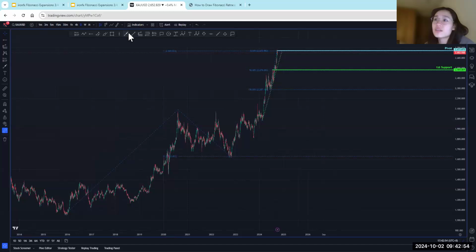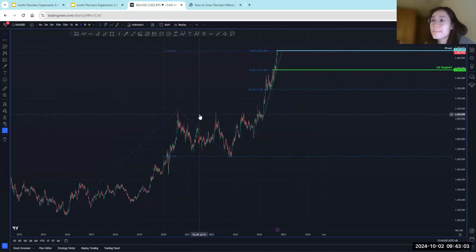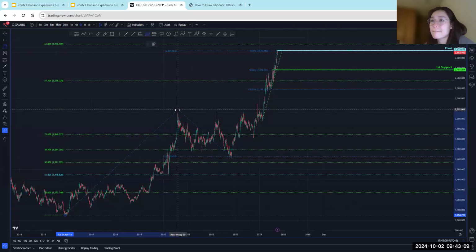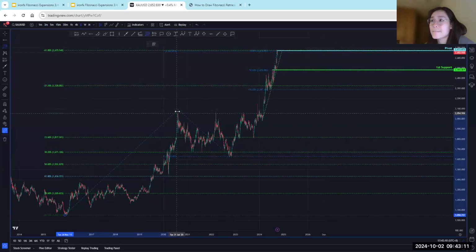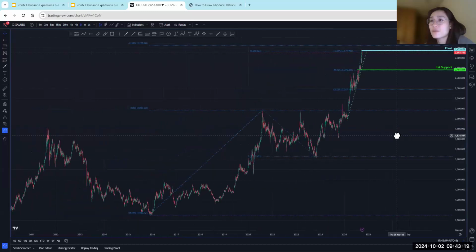Even though the other levels did line up as well, because price has already broken out of it, that's why we can't use those levels anymore. Okay, you can see my minus 61 also lines up with our pivot.